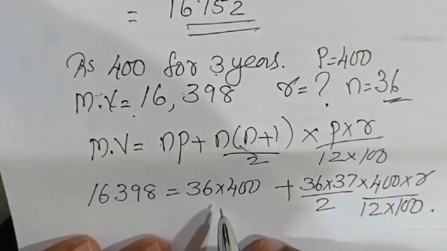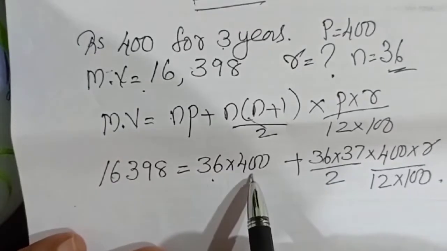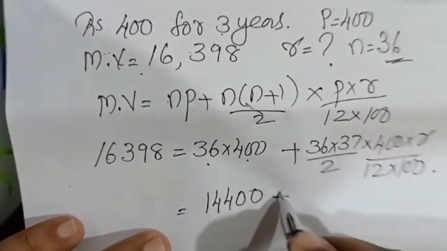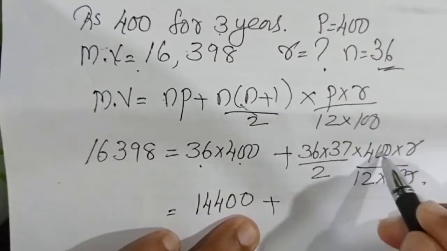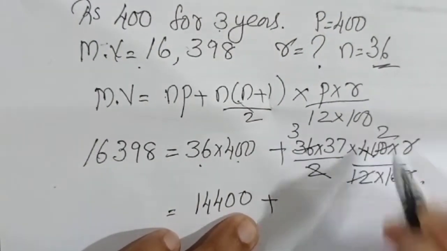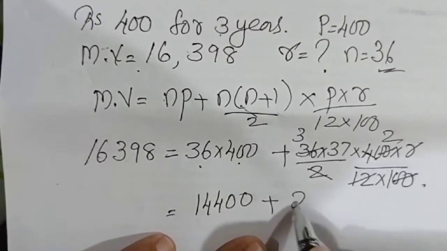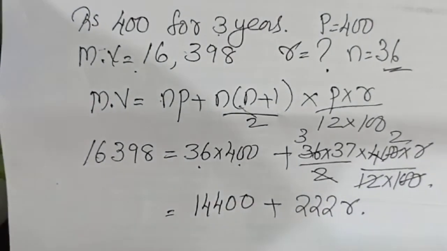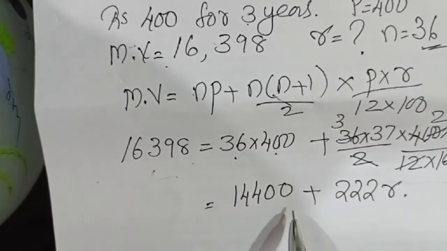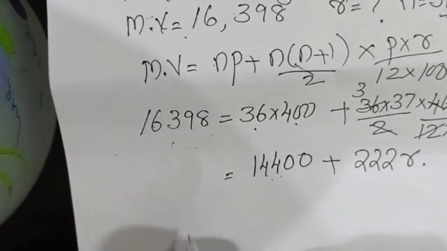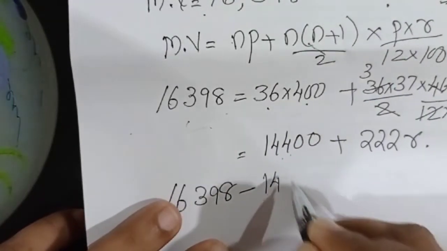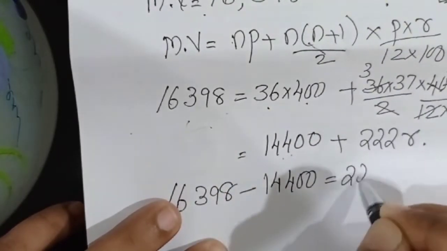Now, when you multiply 36 into 400, what is the answer? 14400 plus. After this calculation, 0 cancel. 12 3s are 36. 2 and this 4, 2. You will get 222R. Do the calculation. 222R. The next step is 16,398 minus 14,400 equal to 222R.